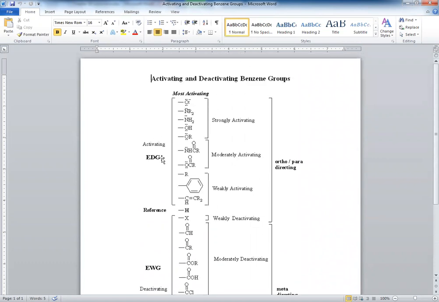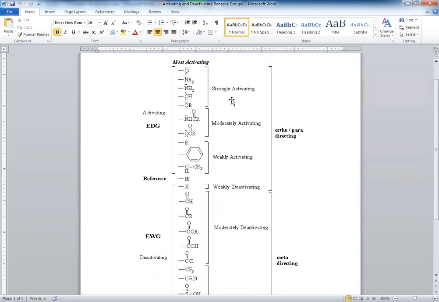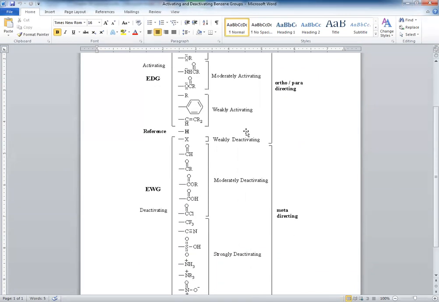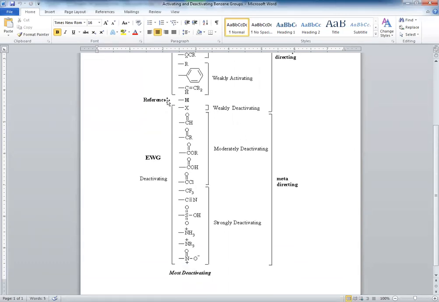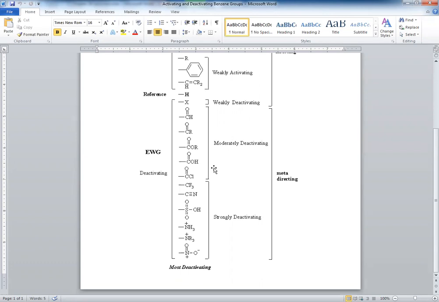These are EDGs, electron donating groups. They're activating, and they are classified by whether they are strongly, moderately, or weakly activating, as well as your reference, the H, because there's no substituent, it's just an H. And again, you have the moderately deactivating.